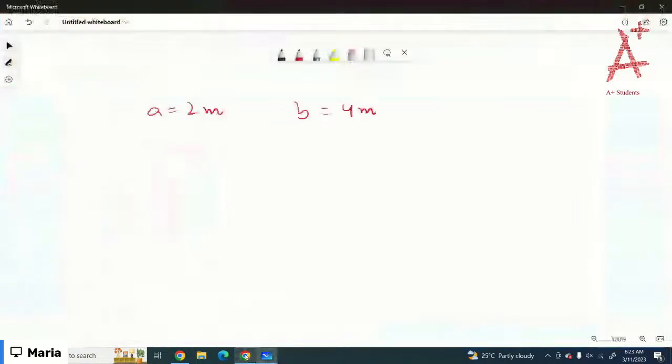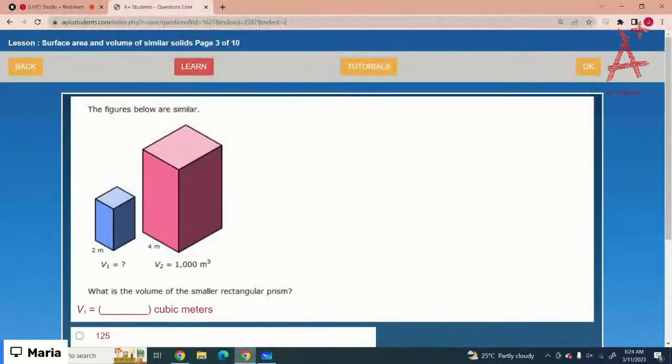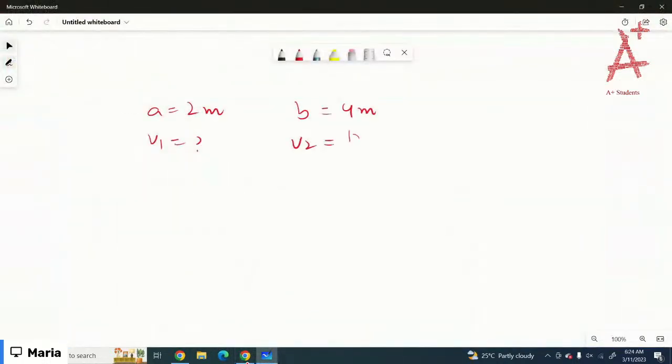And the volumes are V1, which you have to find, and V2 you are given is 1000 meters cubed. So let's just calculate the square of the corresponding sides. A squared over B squared. 2 squared divided by 4 squared. 2 squared is 4 and 4 squared is 16. It would be 1 over 4.